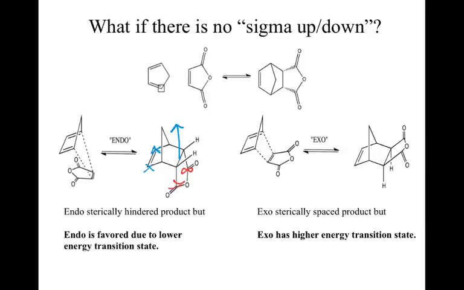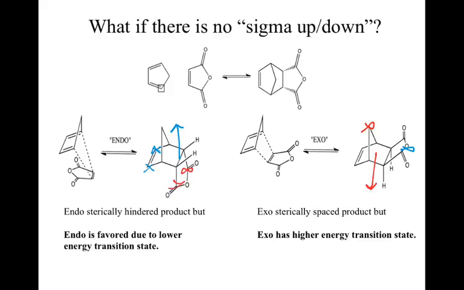In the exo case, we have this nice steric spacing. Instead of being close to a 2-carbon bridge, it's a 1-carbon bridge. So the energy of our product in the exo should be lower, which would suggest we favor the exo. Okay.